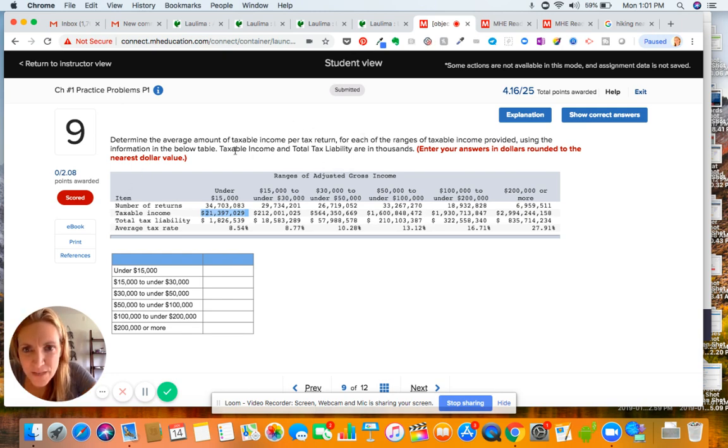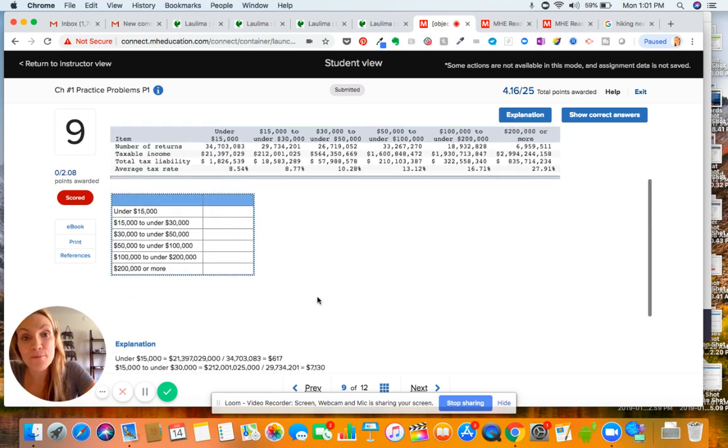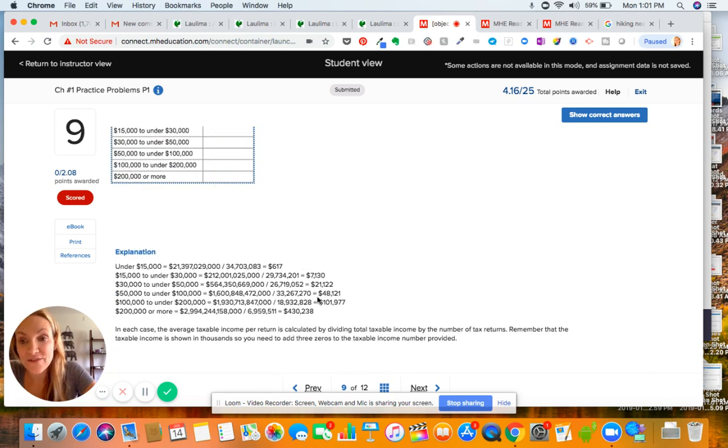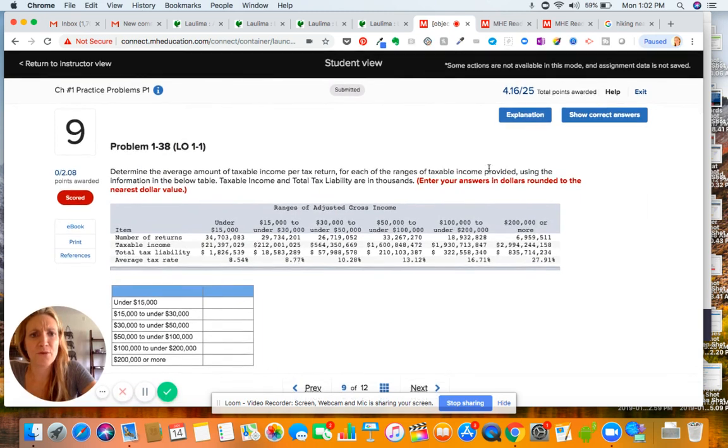Let's see. Taxable income and tax liability are in thousands, not the number of returns. That's why. And it's $616.57. That's the average amount of the returns, which we can see right here is correct, 616. That's the answer. I don't know why the answer is showing. Hide that.